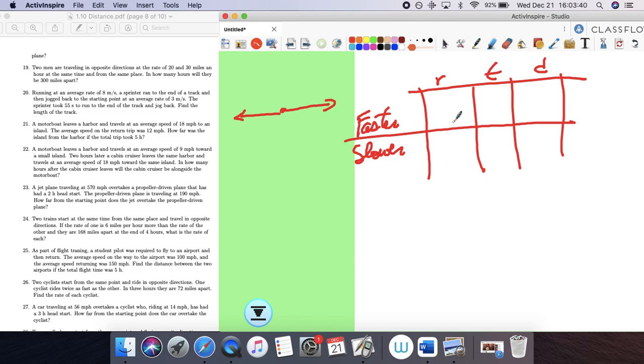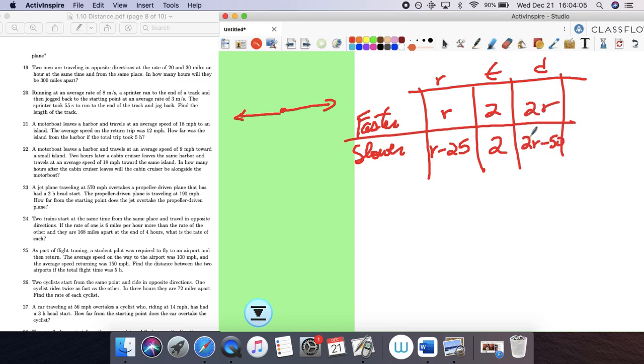The first plane is flying 25 miles per hour slower than the second plane. So if this is R, the slower one is R minus 25. In 2 hours, they are 430 miles apart, so we know both of them flew for 2 hours. So this is 2r, and this becomes 2r minus 50.